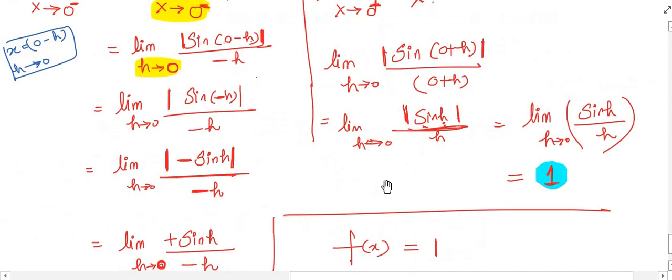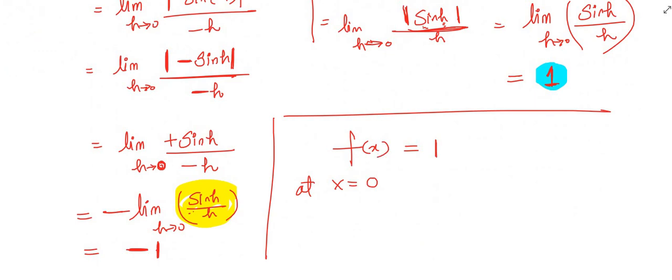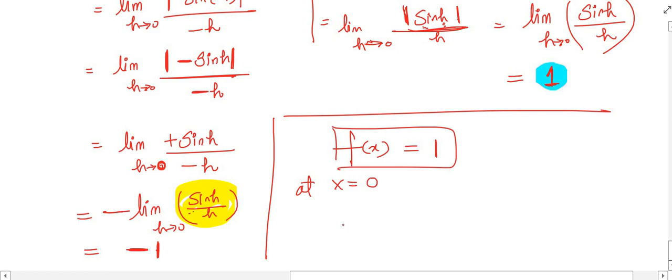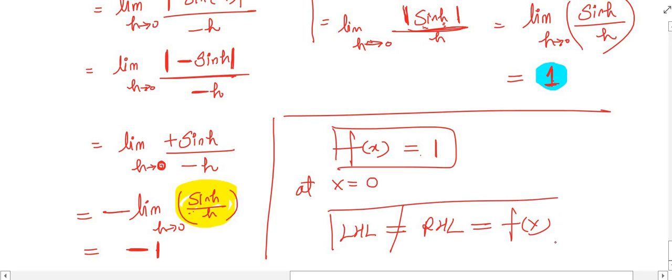So I can directly write f(x) is 1. So clearly we can see that these three values are not matching. So I can see LHL is not equal to RHL. Yes, RHL is equal to f(x). You know, these two are 1, 1. But these two are not matching. The function is discontinuous at x is equal to 0.